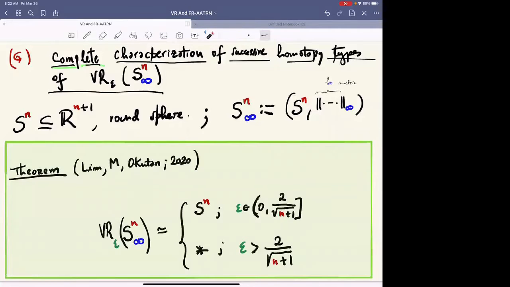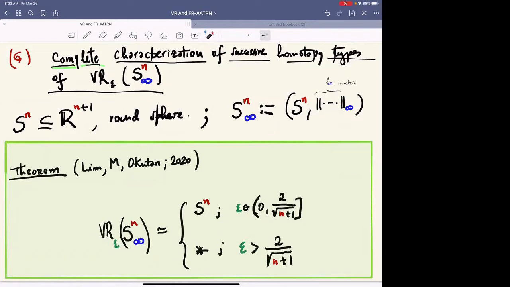Suppose that I metrize Sn not with the L2 metric, not with geodesic distance, but with the L infinity metric. What I mean by that is, take the usual embedding of Sn into Rn+1, the round sphere, and give to the round sphere the restriction of the L infinity metric in ambient space.